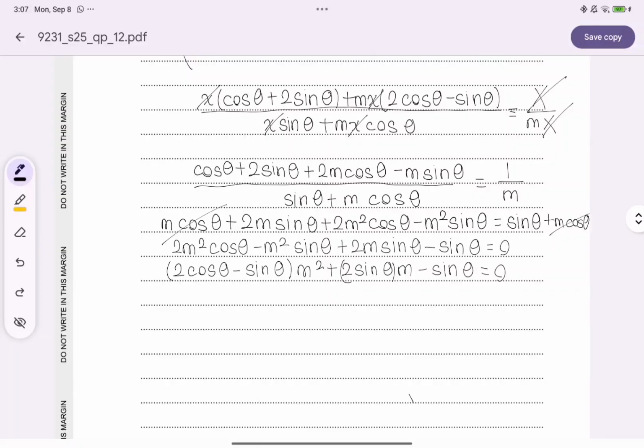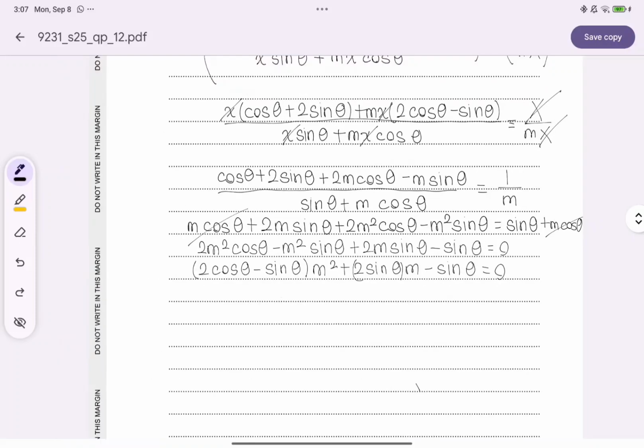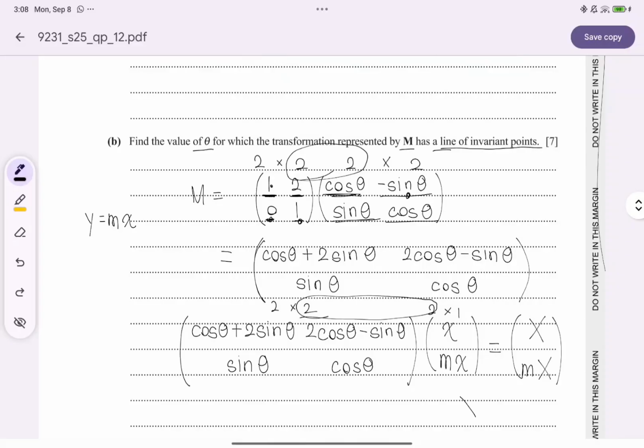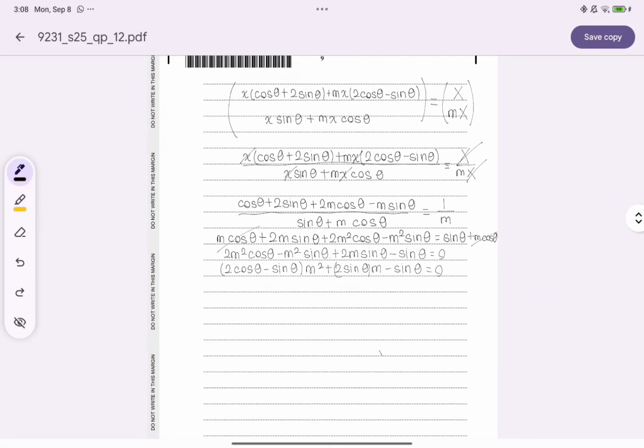So as you can see, we have obtained an equation in terms of theta and m. The reason is we have to find the value of theta for which there is a line of invariant points.